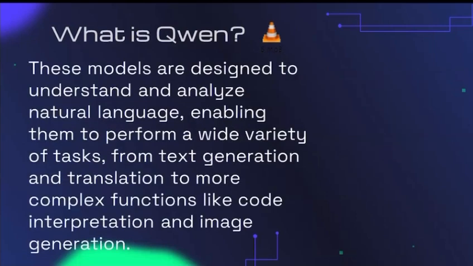Also, these models are designed to understand and analyze natural language, enabling them to perform a wide variety of tasks from text generation and translation to more complex functions like code interpretation and image generation.